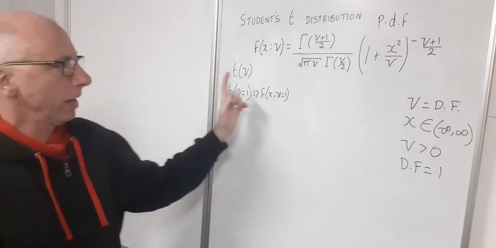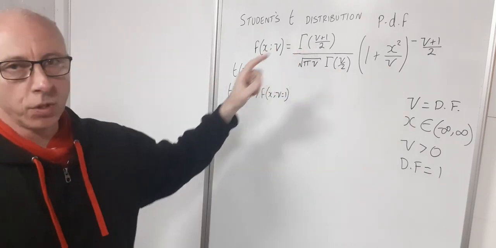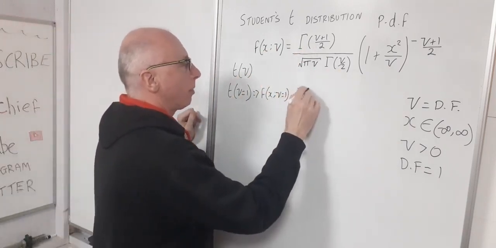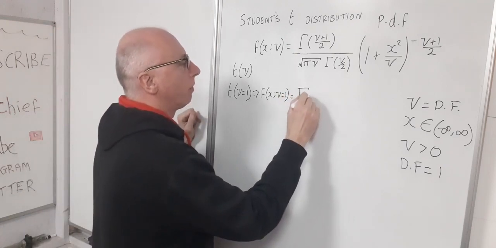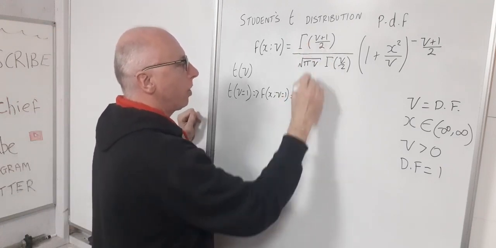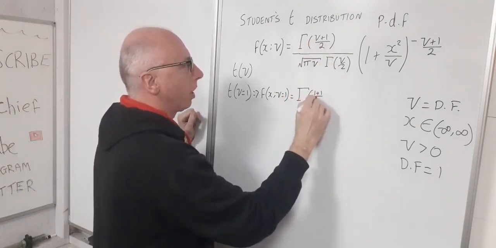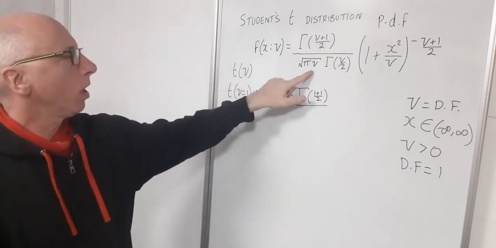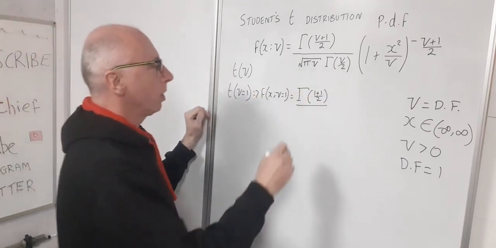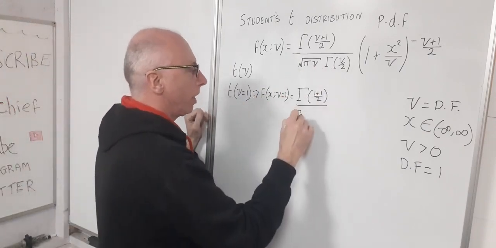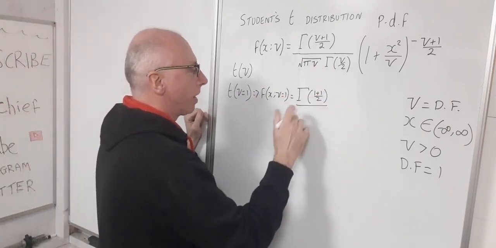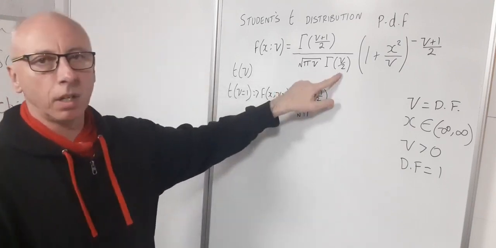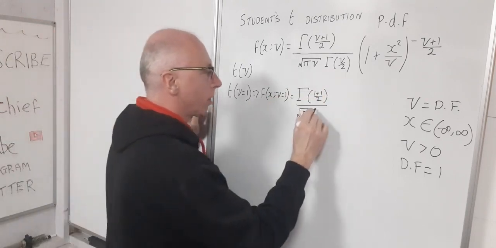Okay, so now let's fill in all these values for nu equals 1. So now we've got our gamma function for 1 plus 1, so that's 1 plus 1 over 2. Plug in 1 where we see our variable nu. So here we've just got square root of pi, so let's write that in there, and then the gamma of 1 over 2, so gamma of a half.